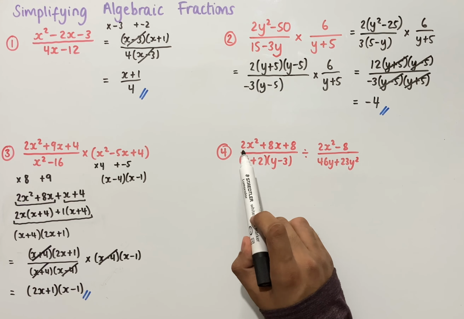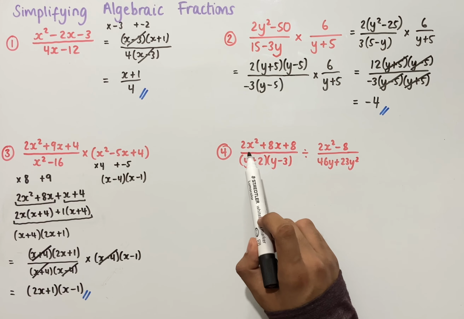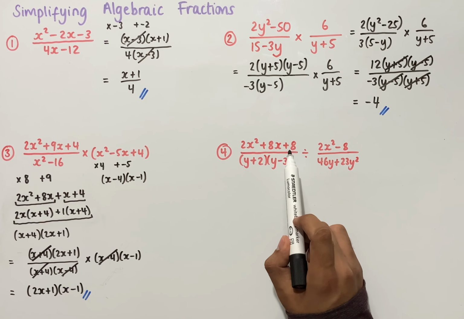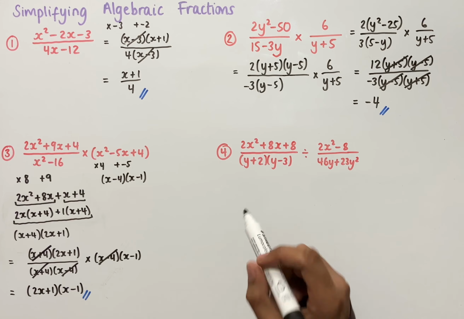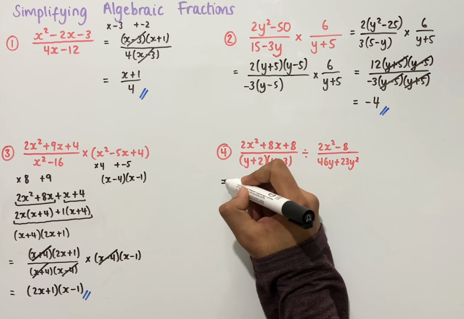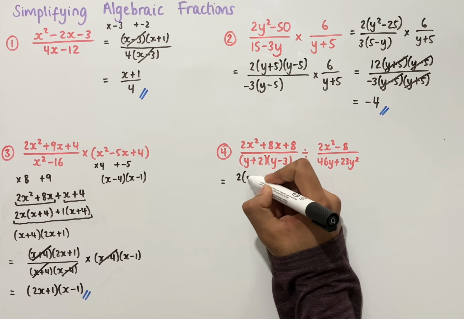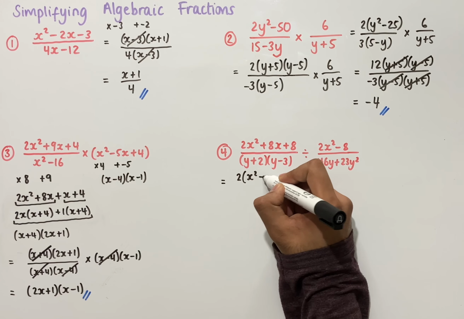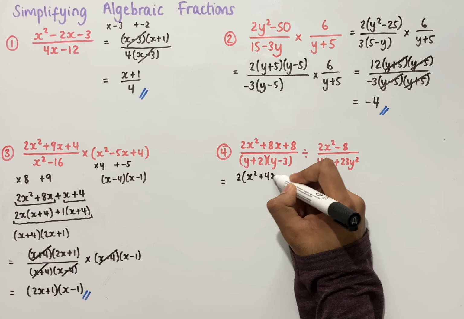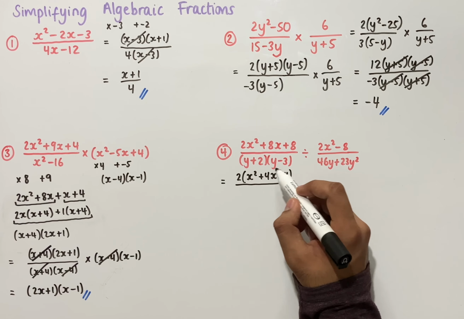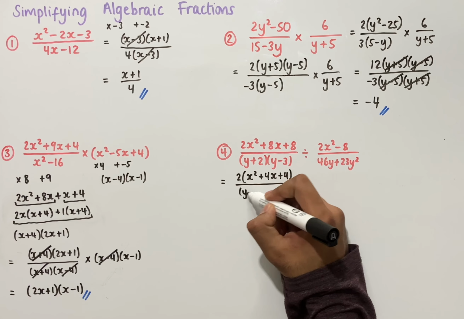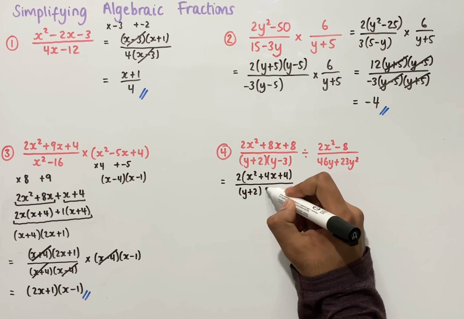Now starting with the numerator in the first fraction, we see that all three terms have a highest common factor of 2. And so factorizing the 2 out, we end up with 2 brackets x squared plus 4x plus 4. And in the denominator we have y plus 2 and y minus 3.